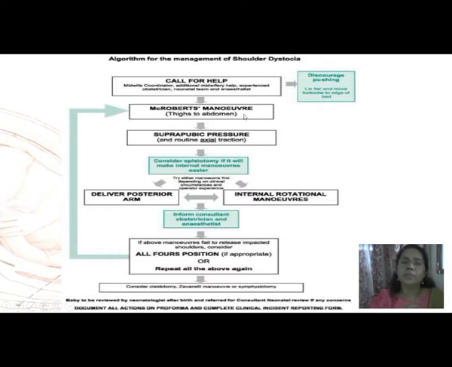Then McRoberts maneuver, thigh to abdomen, suprapubic pressure and routine axial traction, and extend the episiotomy. Then deliver the posterior arm and do internal rotation maneuvers, and on failure inform the consultant obstetrician and anesthetist. If the above maneuvers fail to relieve the impacted shoulder, provide the all-fours position or repeat all the procedures again.